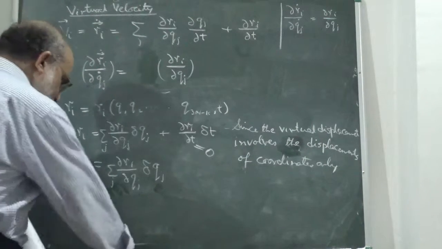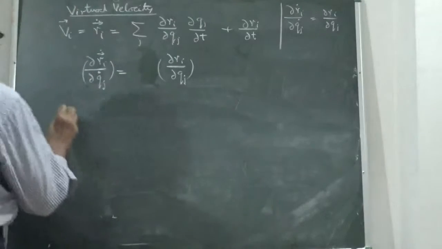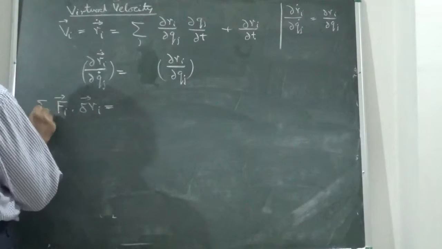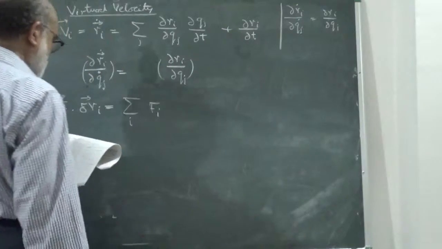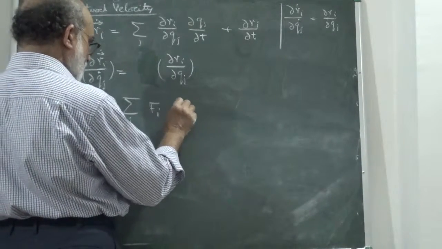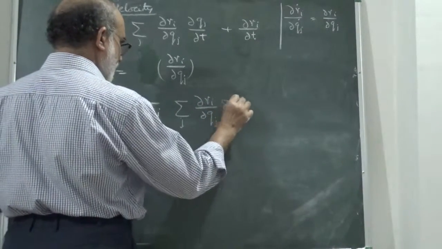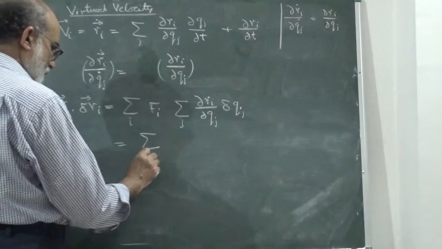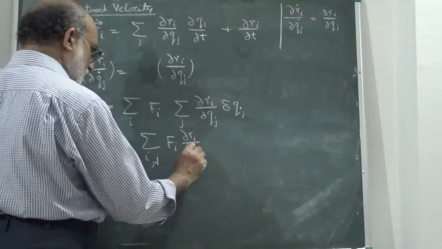Now, from D'Alembert's principle, we have Fi dot delta Ri, which is Fi times delta Ri by delta Qj times delta Qj.